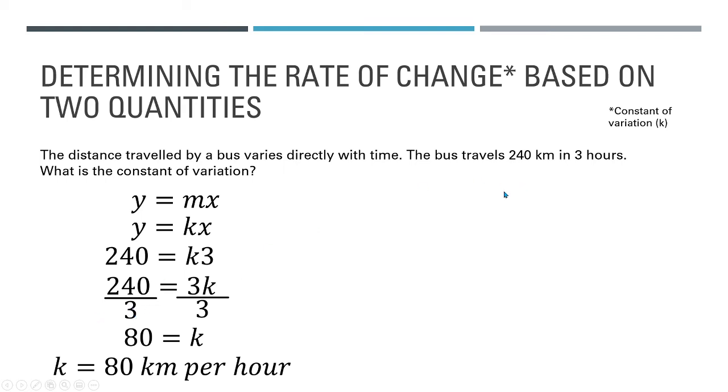So when you get these kinds of questions, a procedure you can follow would be to identify the dependent and independent variables by putting y and x over them. You could then write this formula, that the constant is equal to the quantity for the dependent variable divided by the quantity for the independent variable. In this case, it's 240 divided by 3, and therefore the constant of variation is 80 kilometers per hour.